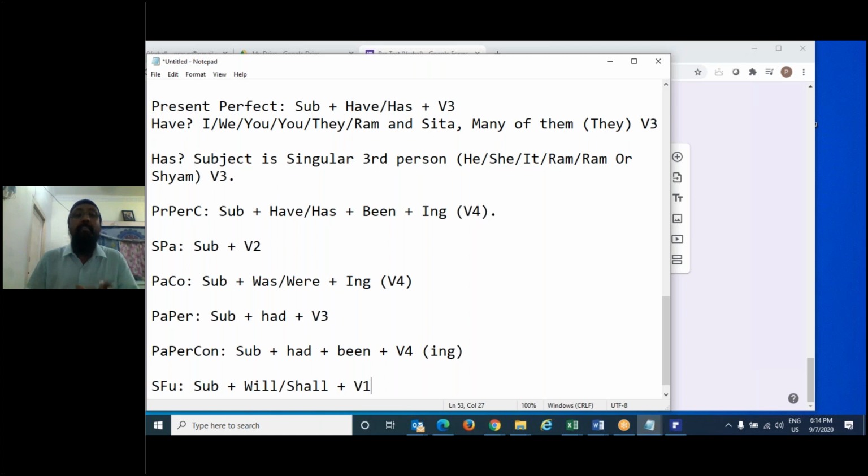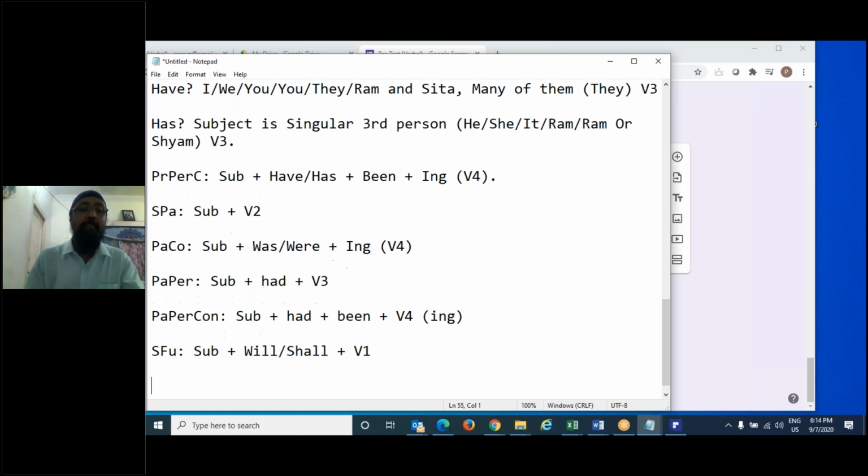So usage of shall is to be minimized when we talk about future, and the usage of will is to be used mostly when we talk about future. However, just to give you a glimpse, will as a future action can be used not just with first, but with first, second, and third person subject.